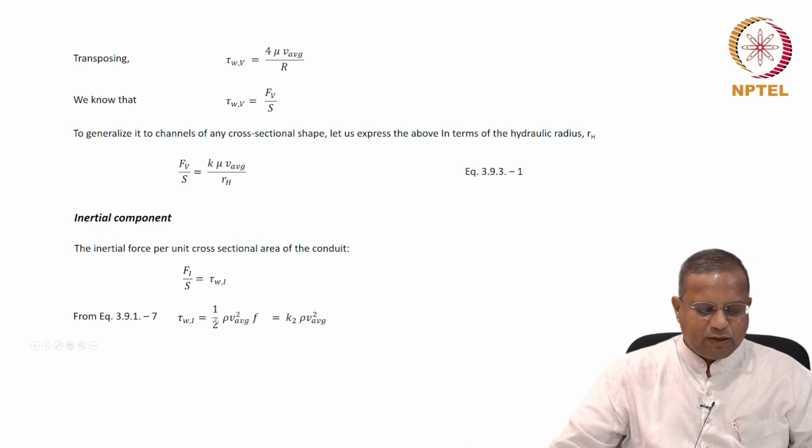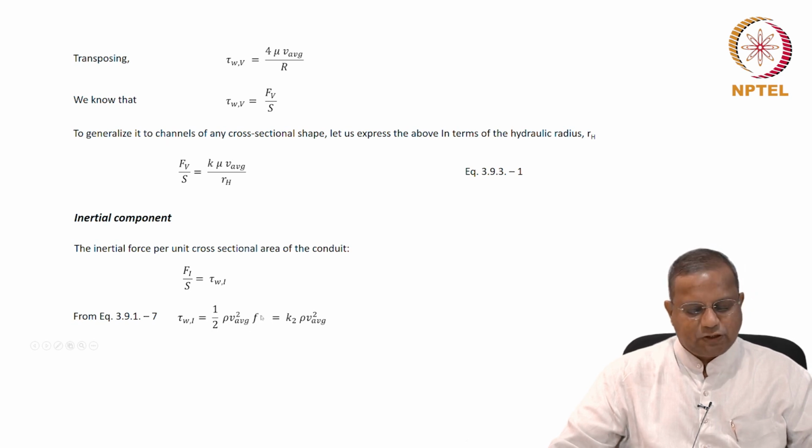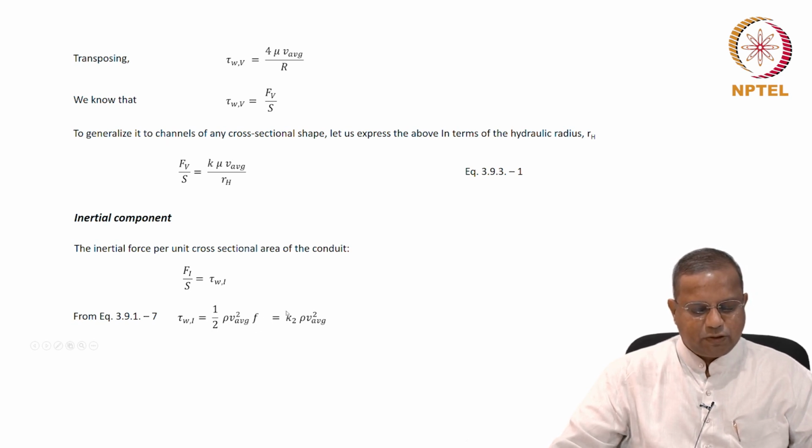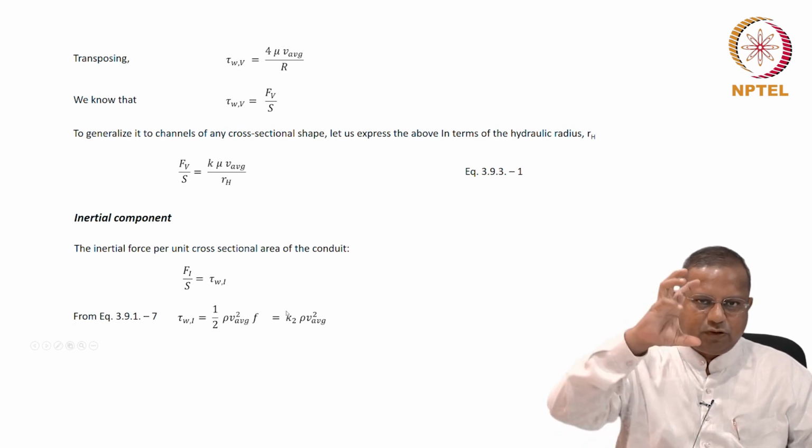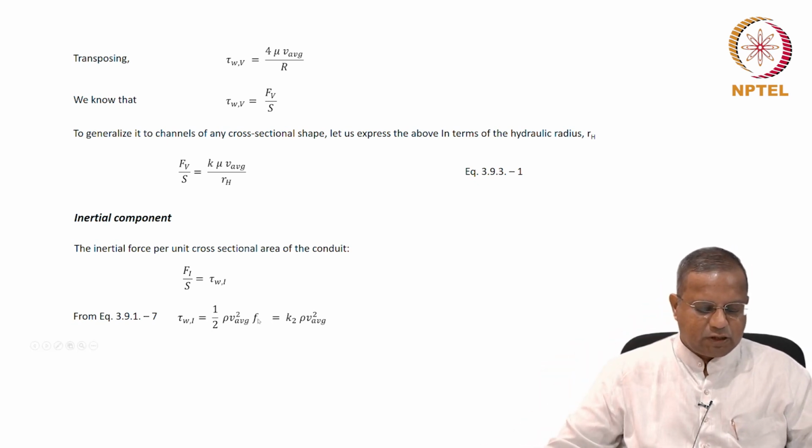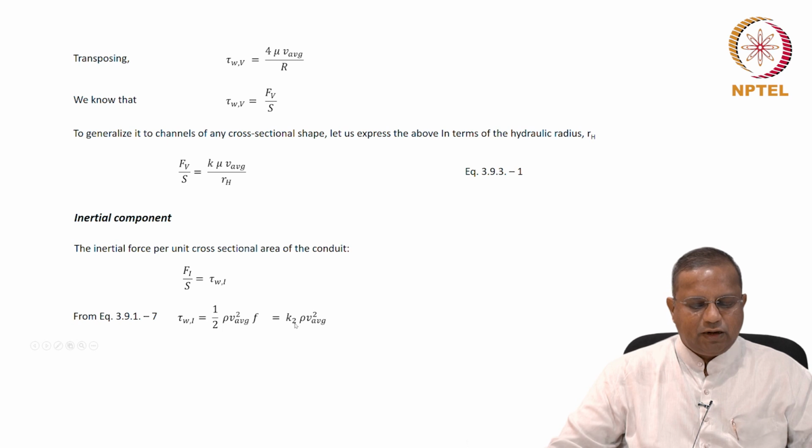We get tau wi is nothing but half rho V average squared times the friction factor. This is the inertial component. So the viscous component is due to the wall shear, the inertial component is due to the flow itself. So half rho V average squared times f. Let's call this some K2 times rho V average squared. Equation 3.9.3-2.